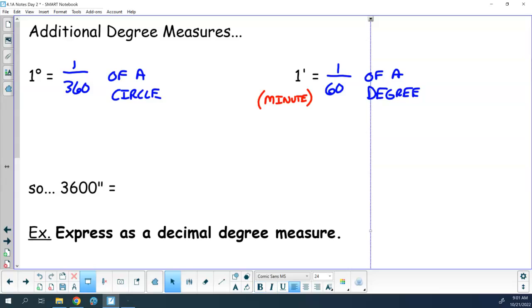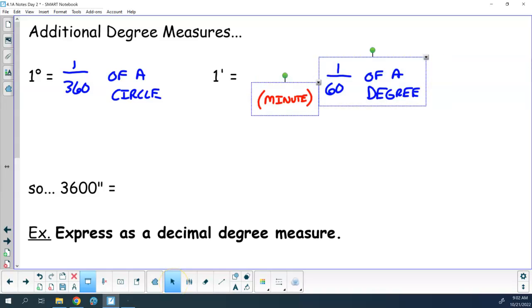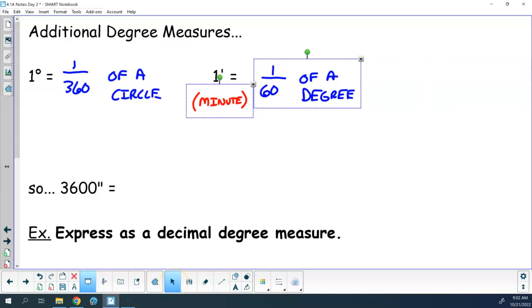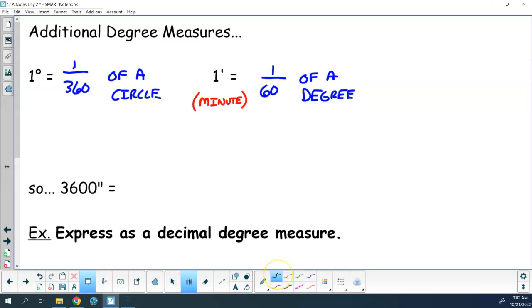Of course it does. And 1 second is 1/60th of a minute.